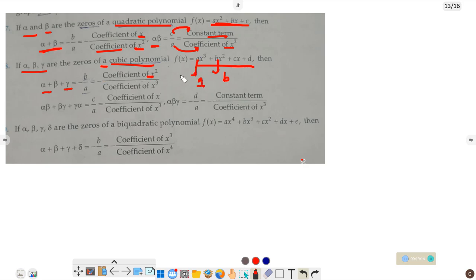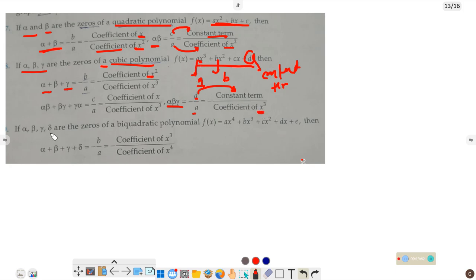And the product of zeros equals minus d by a, where d is the constant term and a is the coefficient of x cube.